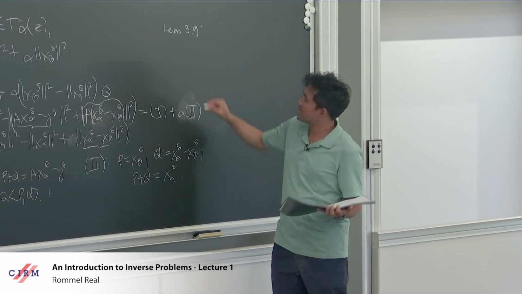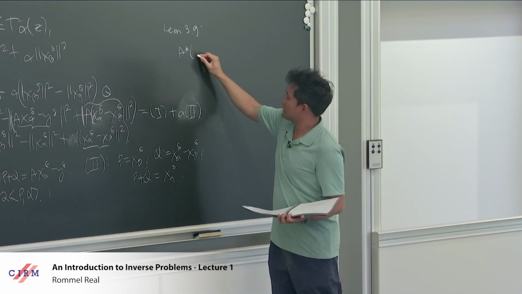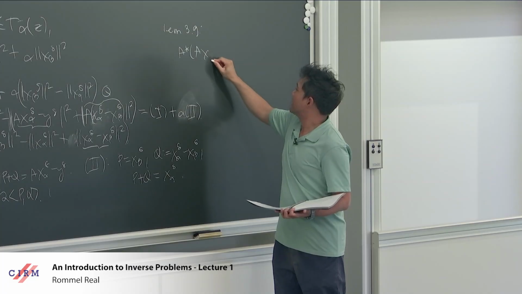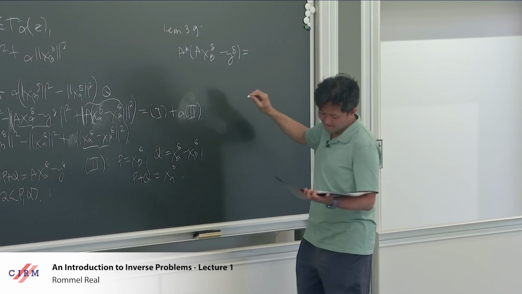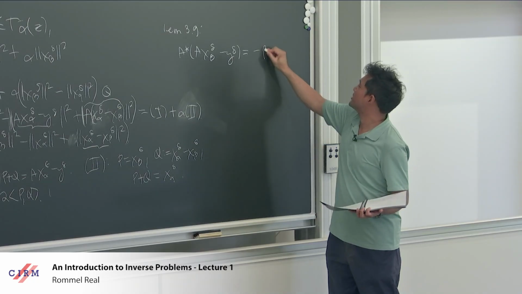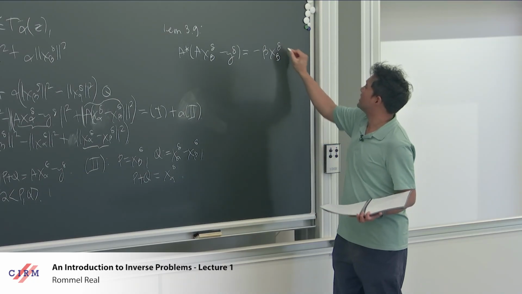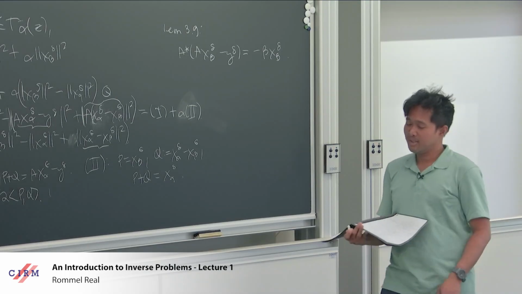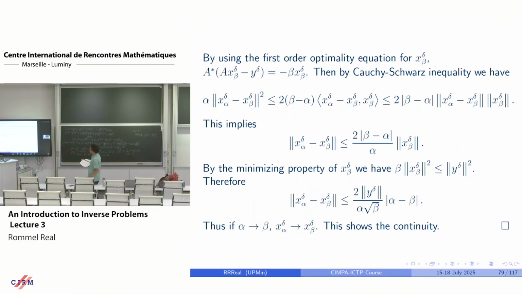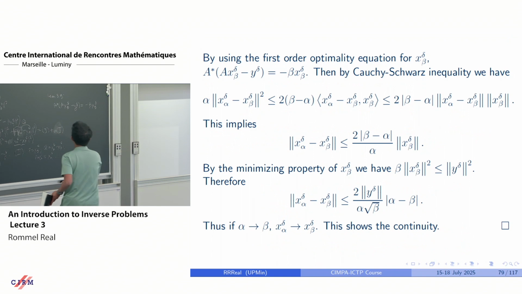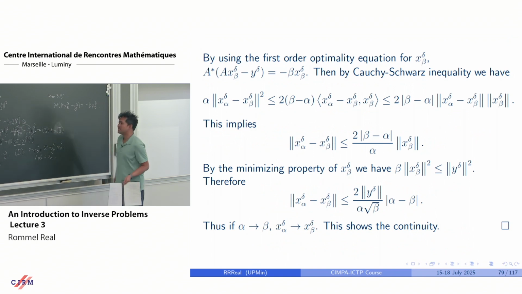As you can see there, A star times A x beta delta minus y delta is just equal to minus beta times x beta delta. That means you can plug it in there, and then you will get to something like this one.